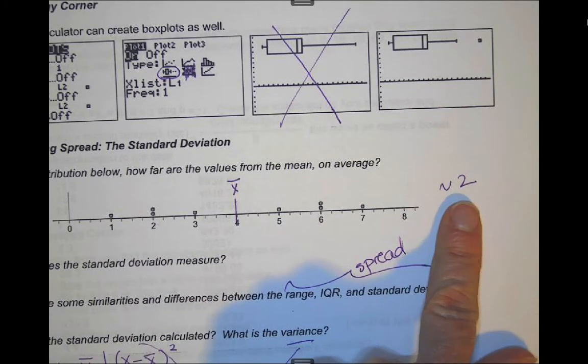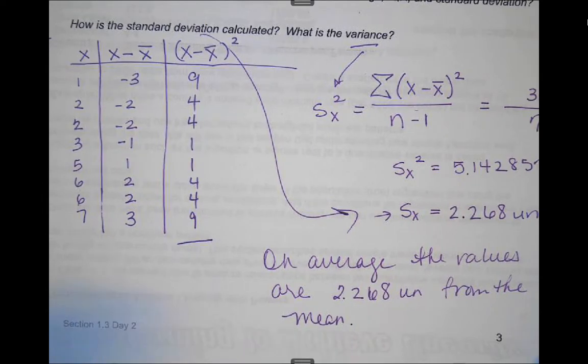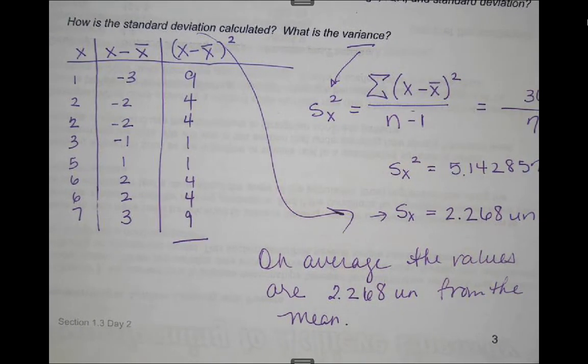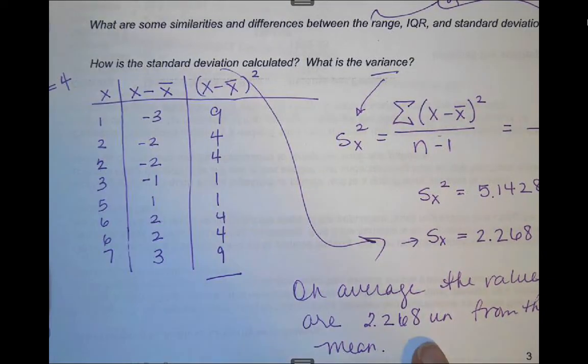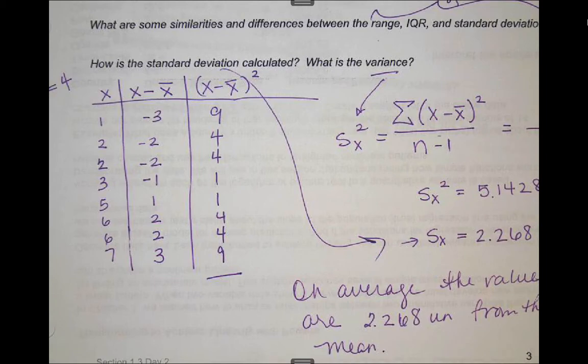Because up here we said, hey, it's about 2, right? So this seems like, yeah, this probably makes sense. So on average, that's how far the values are from the mean. What does it mean? Well, the standard deviation gives you an idea of how spread out your data is. So if I know my mean's 4 and on average the values are 2.268 from the mean, well, they're really not that far away then, right?